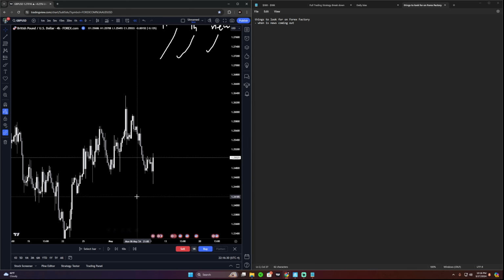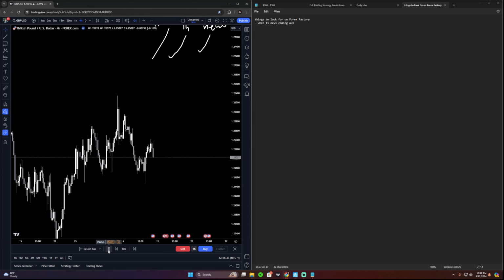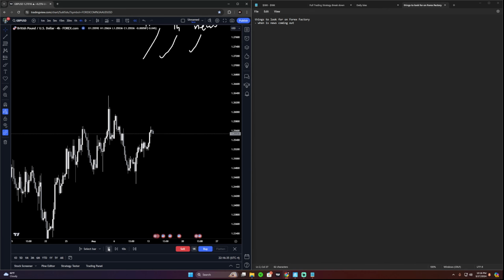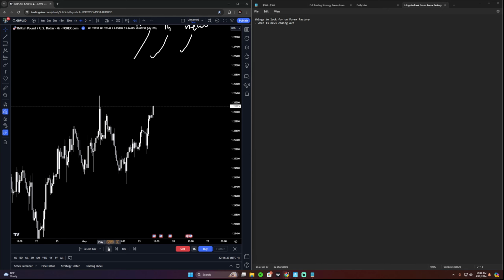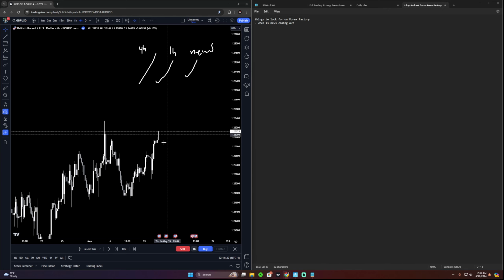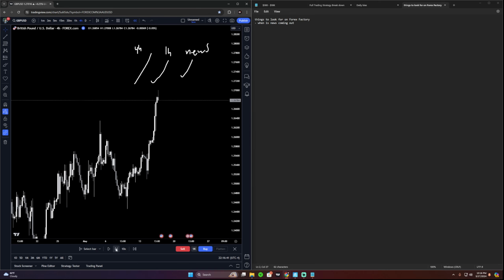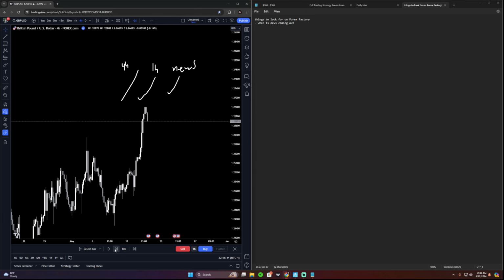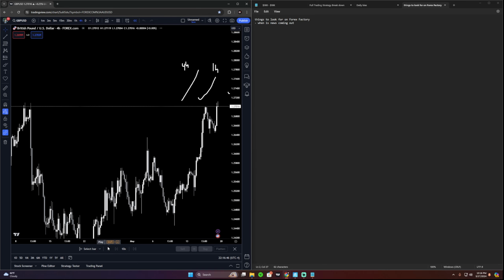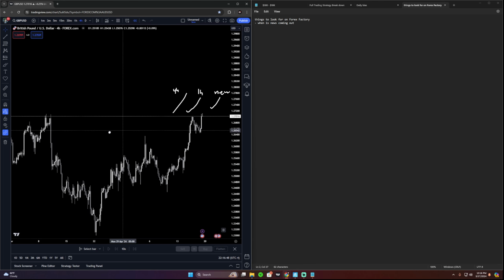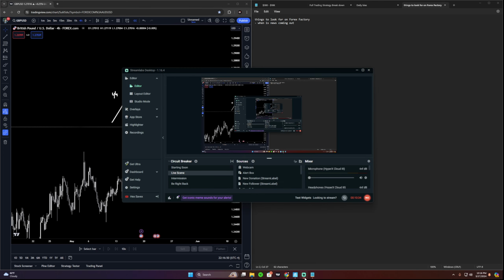Right here, bullish daily bias. Price went up. See, I'm smart like that. Right here, I don't really have a daily bias. If price comes up and pushes that, it's going to be a bearish daily bias. If it shows a rejection candle, so bearish. So, yeah, it's really 4-hour, 1-hour, news is the only way I know how to find daily bias.